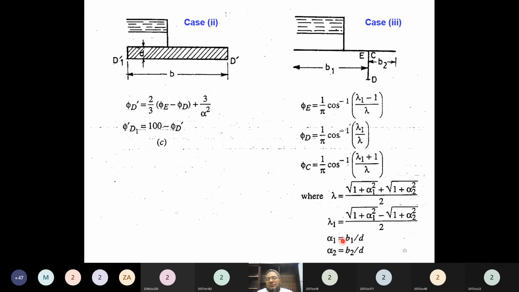So alpha 1 is B1 over D, so B1 is this and D is the depth of the sheet pile, and alpha 2 is equal to B2 over D, and B2 is this floor length after the sheet pile or downstream of the sheet pile. So these are the three cases which were given by Khosla to have the uplift pressures.